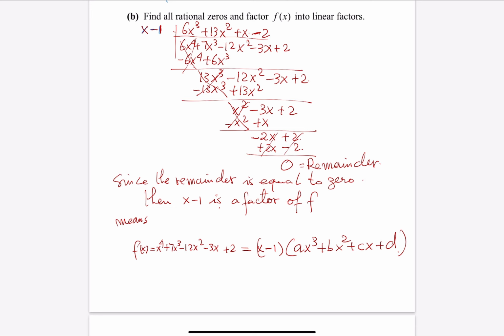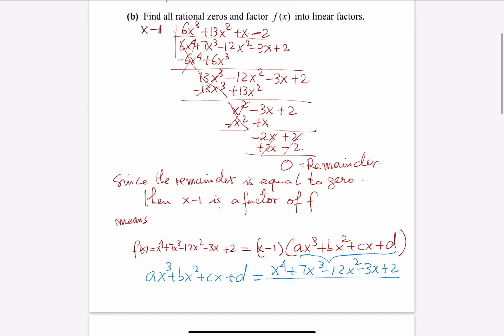The way to determine this is: ax to the third plus bx squared plus cx plus d is equal to x to the fourth plus 7x to the third minus 12x squared minus 3x plus 2 divided by x minus 1. That's what we did here.